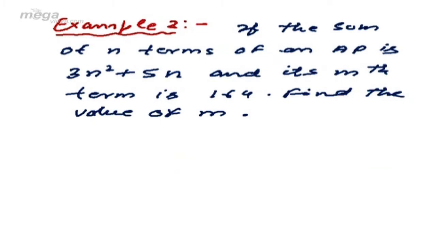If the sum of n terms of an AP is 3n square plus 5n and its mth term is 164, find the value of m. It means Sn is given, that is 3n square plus 5n, and we have to find the mth term.